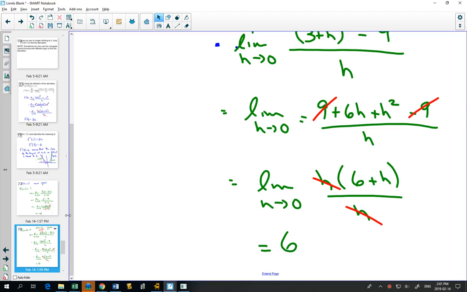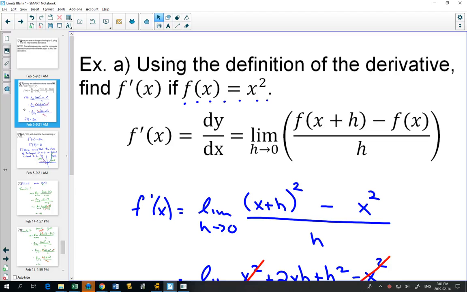Now, the definition of the derivative, which we just completed here, says instead of plugging in a specific point, the difference now is you're plugging in a general point, any point x along there.